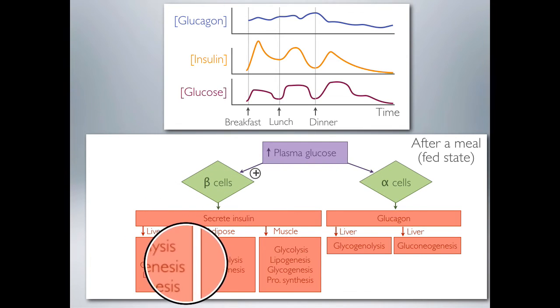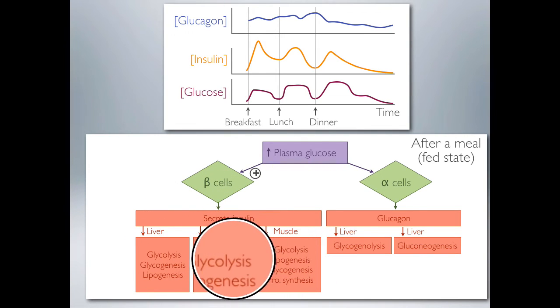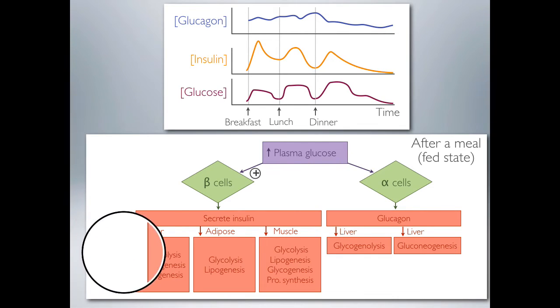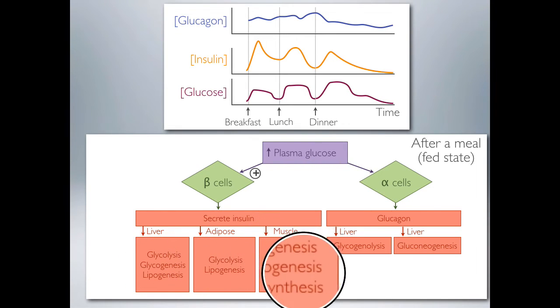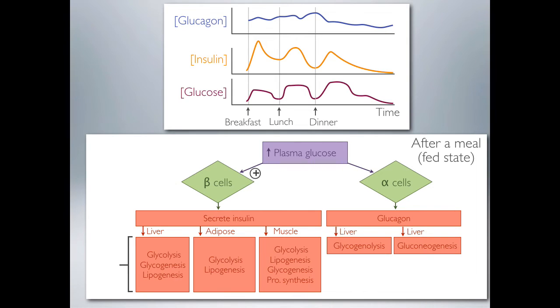But all of these pathways are going to result in the transport of glucose from the blood into liver, fat cells, and muscle, and then the conversion of glucose, either burning it up into ATP via glycolysis or all these other ways that we just itemized, to deal with the glucose that's inside of the cell. All of those are going to work to reduce the concentration of glucose that's circulating in the blood. So it has a negative effect.